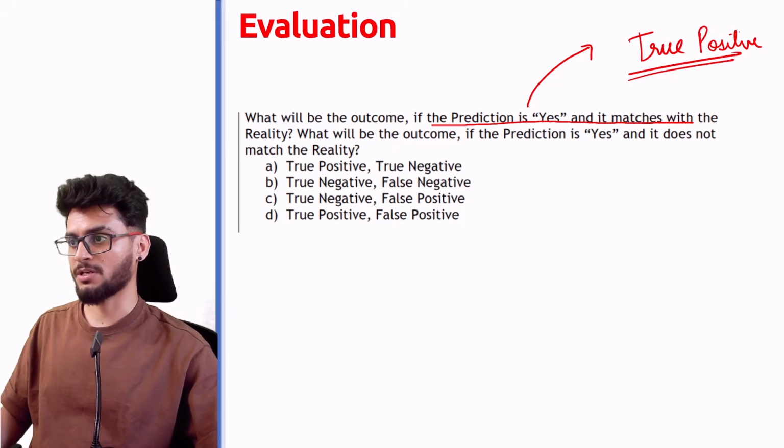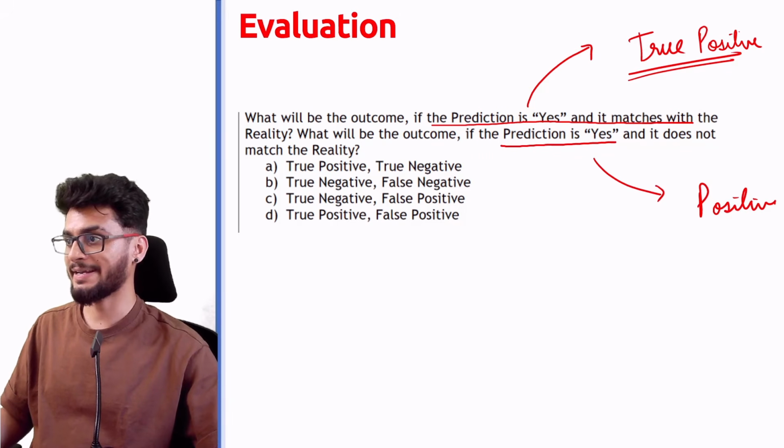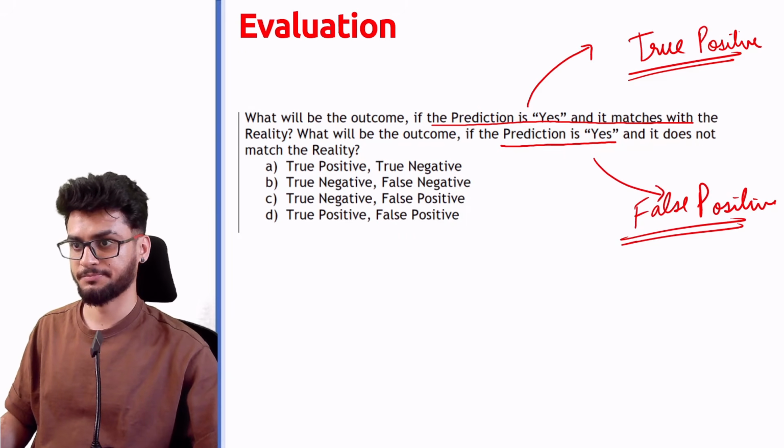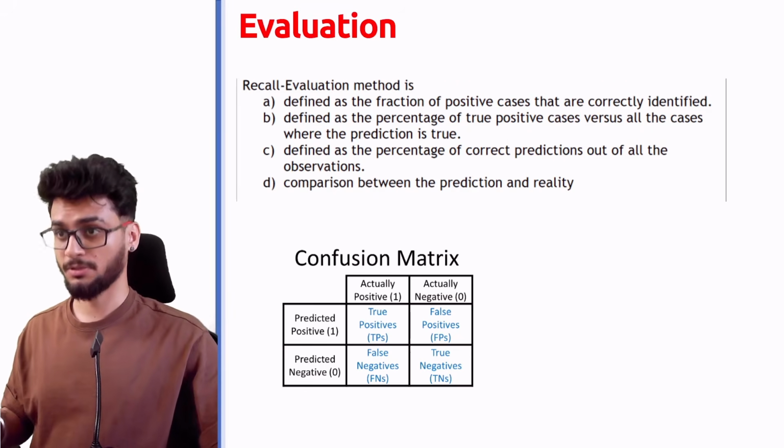What will be the outcome if the prediction is yes? Okay, again, a positive, and it does not match with the reality, which means it is false. So true positive and false positive. D will be the right answer. Next question देखते हैं.